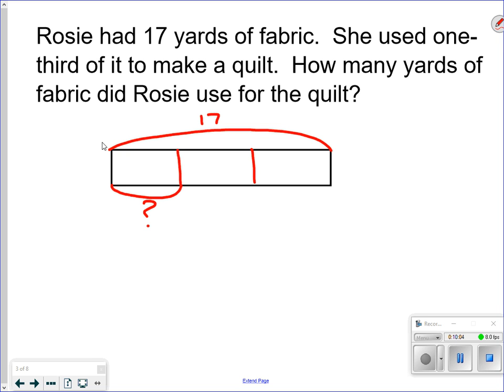Is it going to be a whole number? No. Why? Because 3 can't go into 17 evenly.